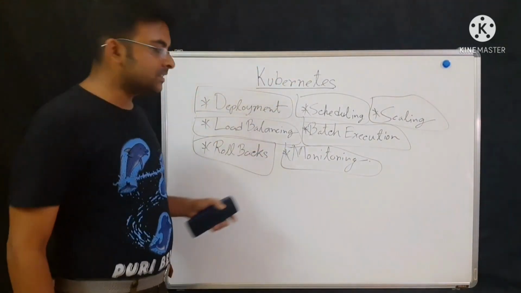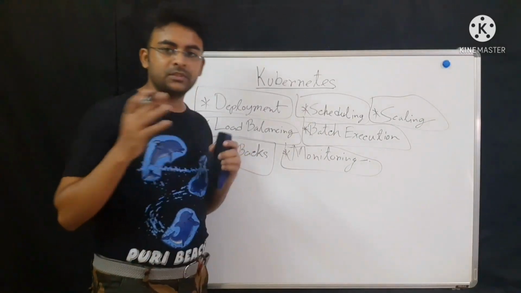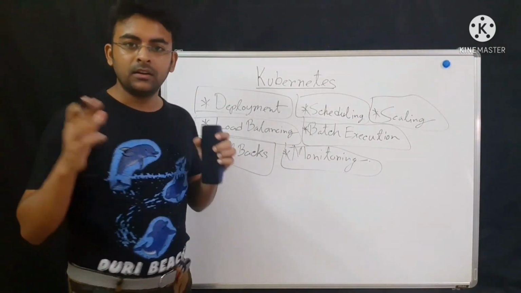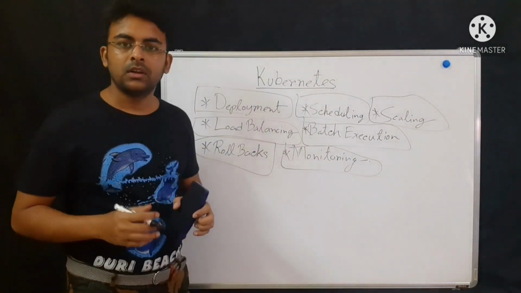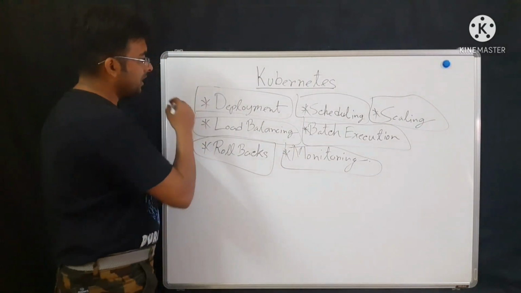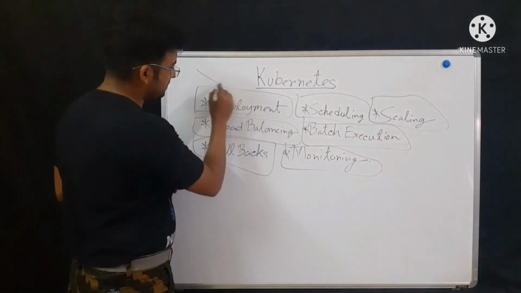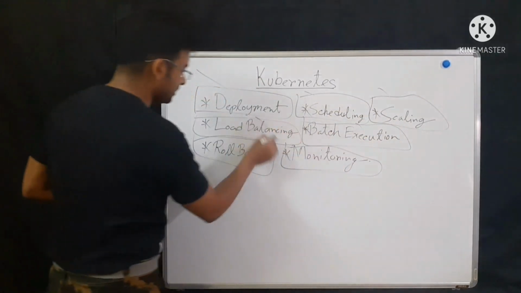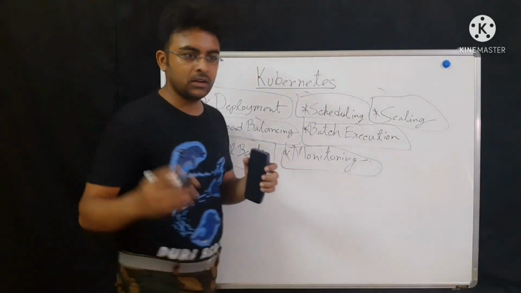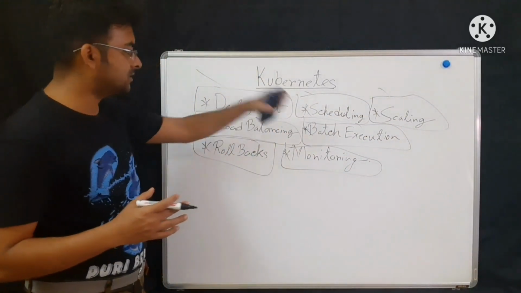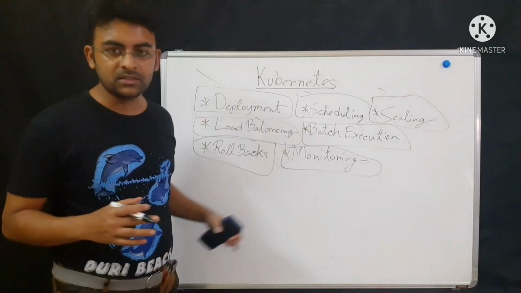Remember these things. If you say them in interviews, that would be an added advantage. In later videos, I will give you in-depth knowledge of all these features, and how Kubernetes handles and facilitates them.